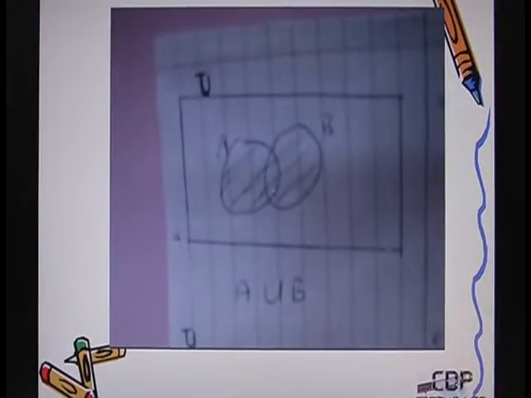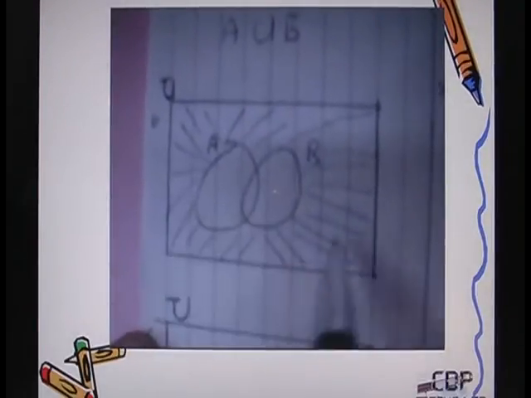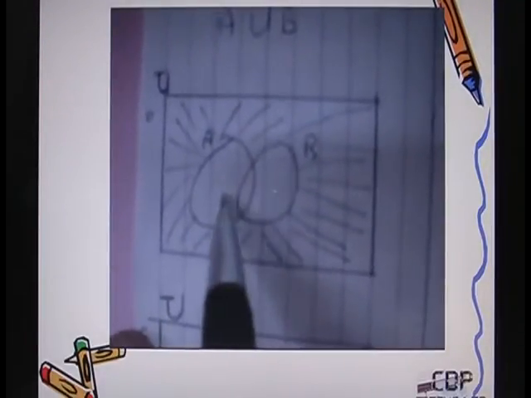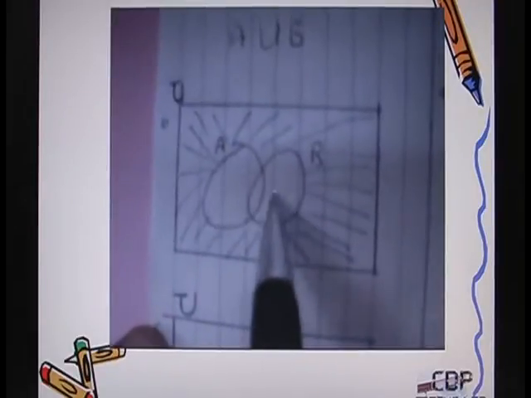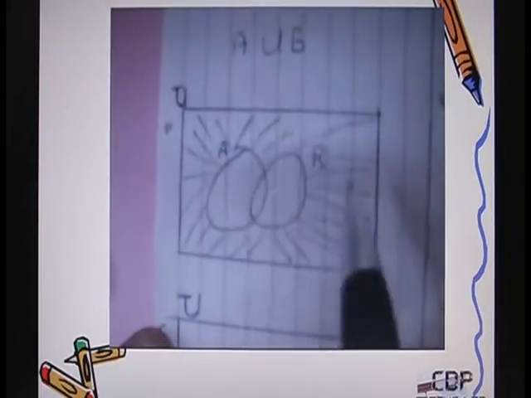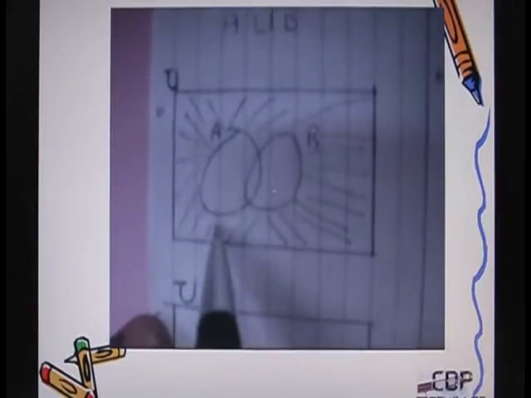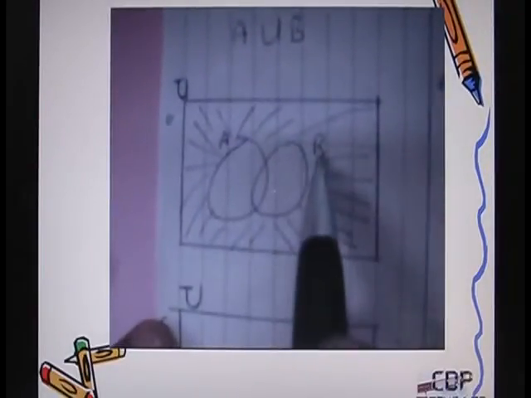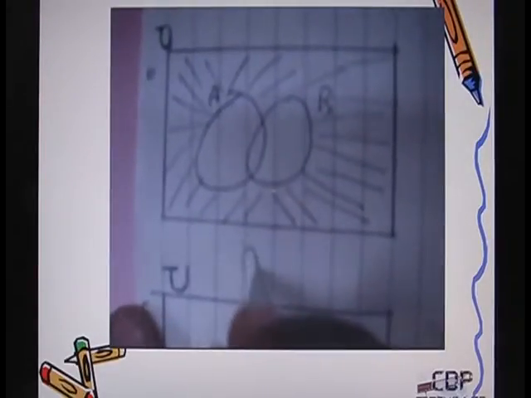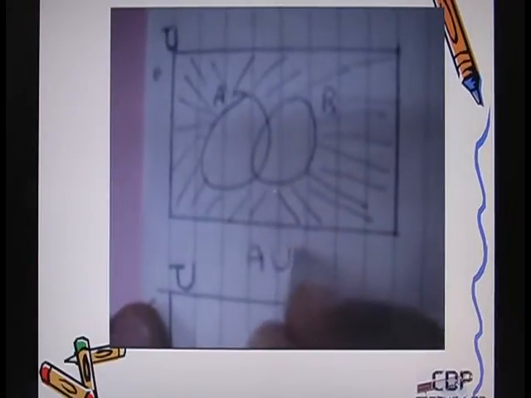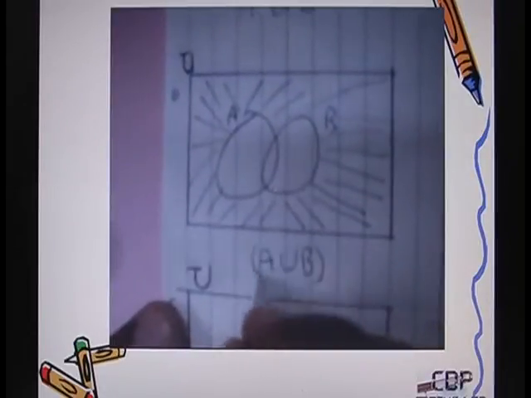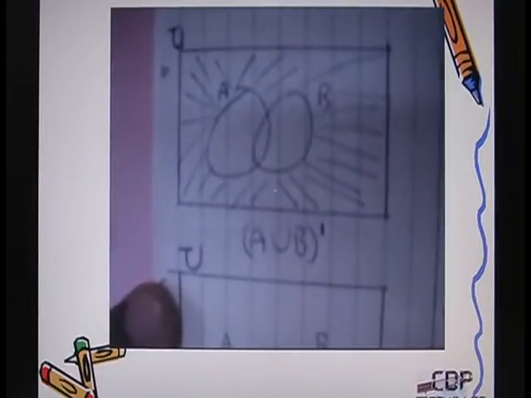Now let's go to part B. The area not shaded right here was what? A union B. But the area shaded now is a complement of A union B. So the outside area which is shaded is a complement, so we can write down A union B complement.